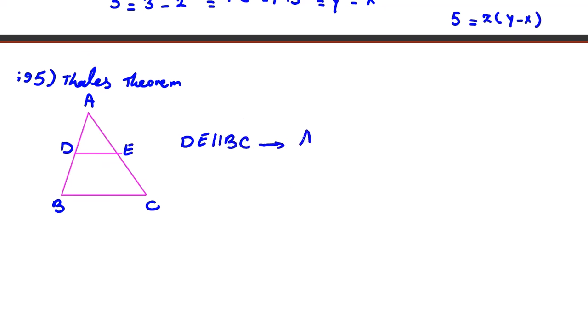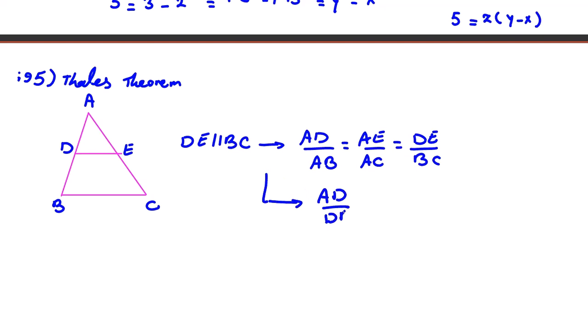Then we can conclude AD over AB equals AE over AC equals DE over BC. Also, we can conclude AD over DB equals AE over EC, and the midpoint theorem is a special case of that, when D and E are midpoints of AB and AC respectively. Also, if we have these ratios, we can prove that it is parallel, so if and only if.